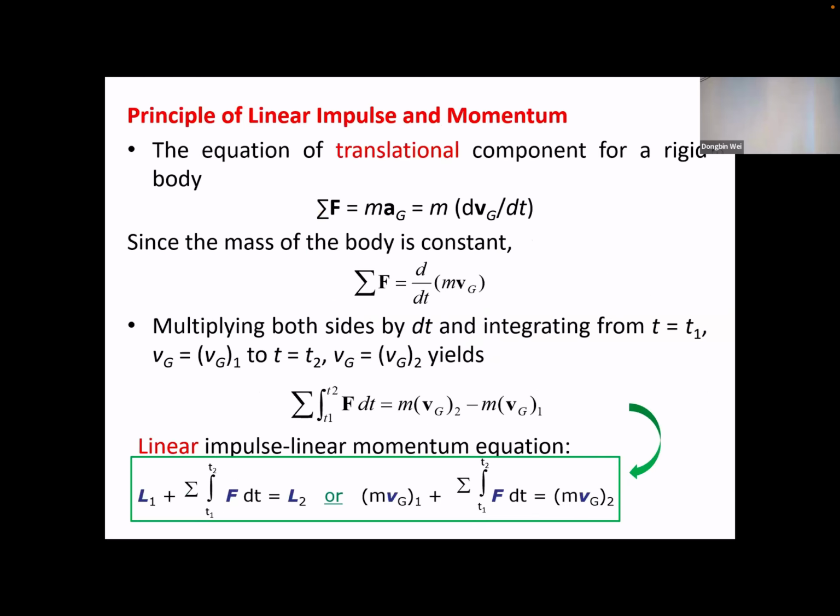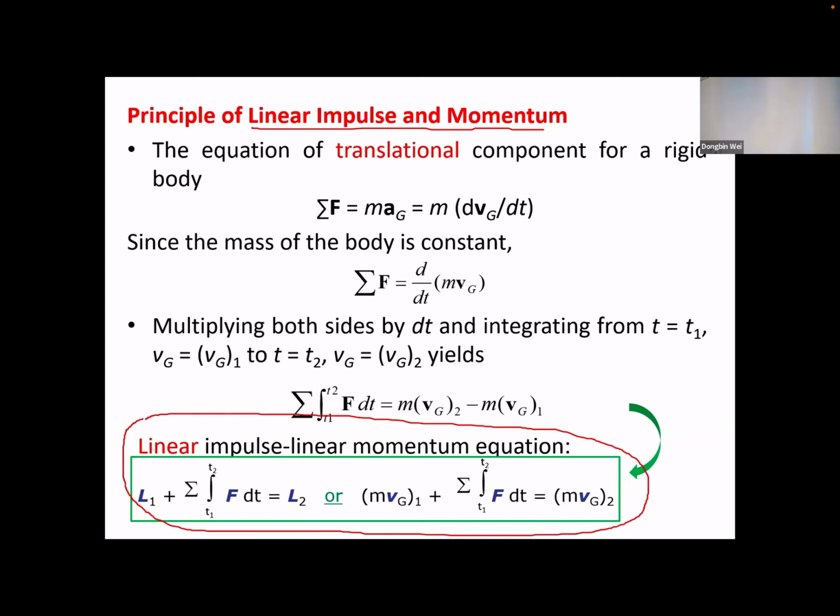Now, what is the principle of impulse and momentum? There are two principles: linear impulse and momentum, and angular impulse and momentum. We can apply these two principles separately. Now, that's the equation for linear impulse and linear momentum.